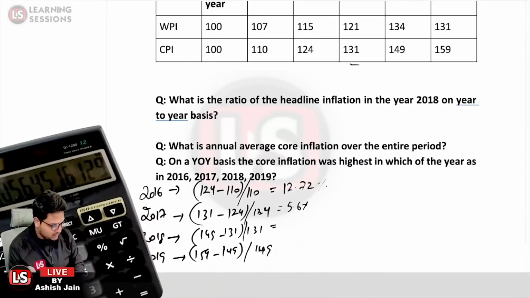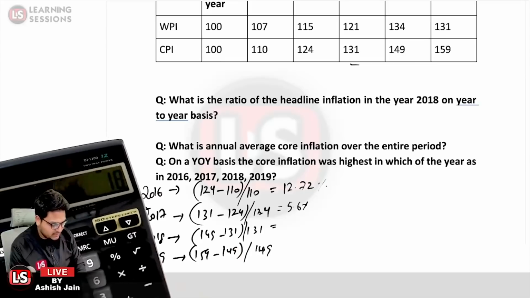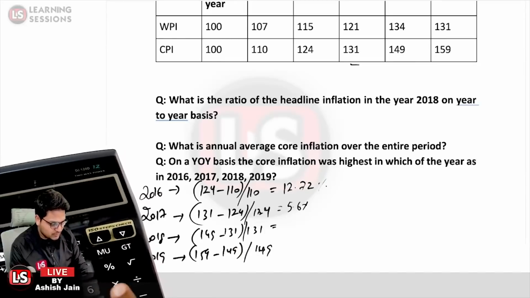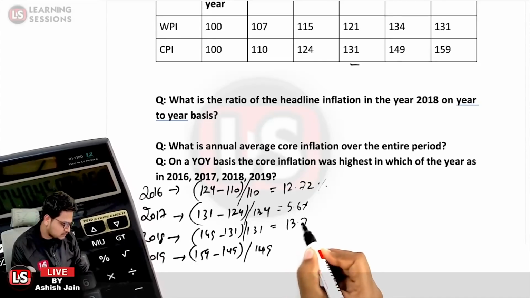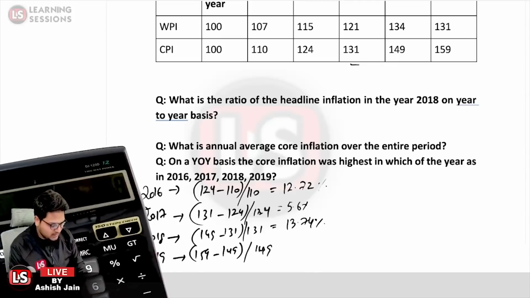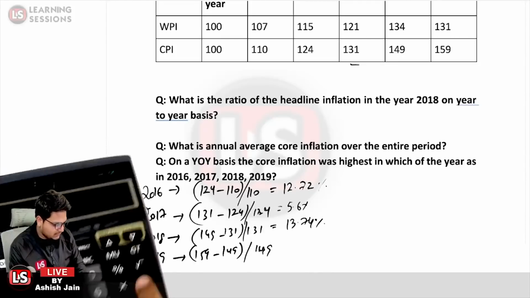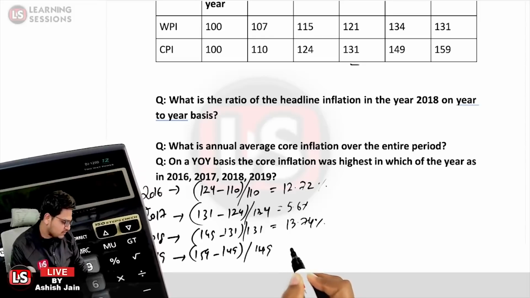For 2018 it will be 149 minus 131 divided by 131, that is equal to 13.74%. And for the last one it is 159 minus 149 divided by 149, that is equal to 6.71%.